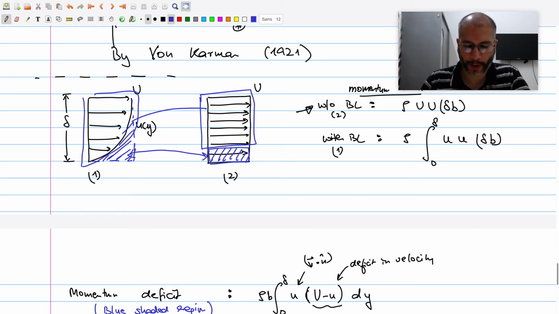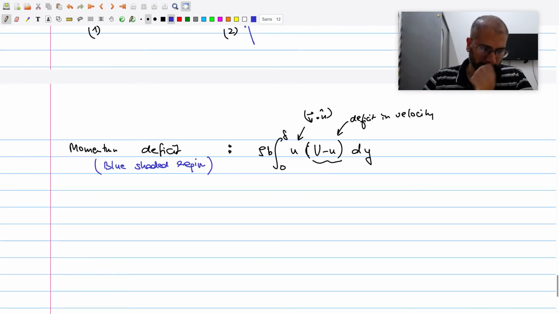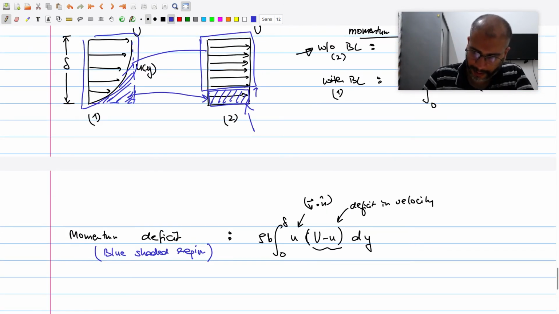Okay, so if I was to approximate this as uniform profile momentum that is being carried, I'll have to take out this shaded region. Okay, and this thickness, let's say, is denoted by theta. So this theta is called the momentum thickness.